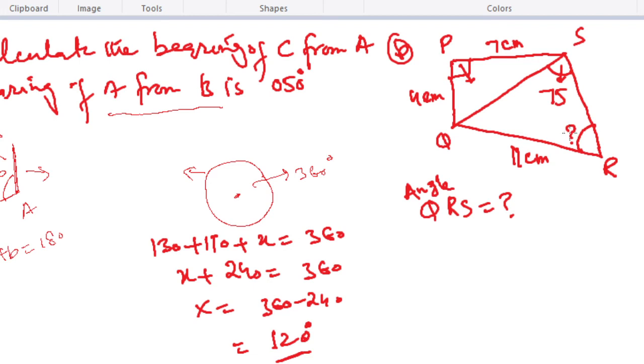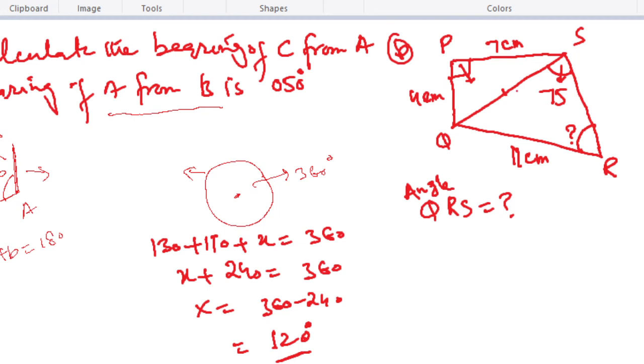We cannot use cosine because these two sides are not known. The last option is the sine rule, but we cannot use it yet either. If we get this side QS, then we will be able to use the sine rule and find the required angle, which is angle R.